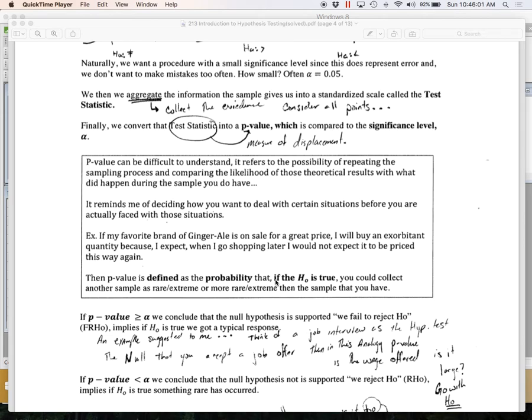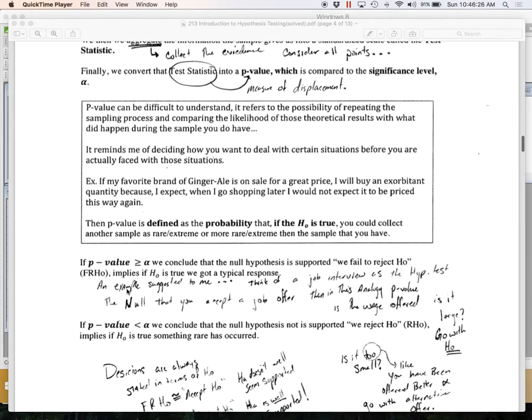If the pop really does cost $7, the probability of me going out and seeing pop that costs something way more extreme, like $17, that is the p-value. It's the probability of seeing something more strange than the sample if the null hypothesis is true. Okay, so that's the definition of the p-value.